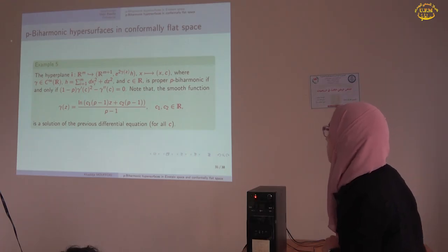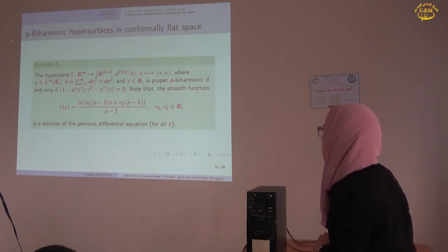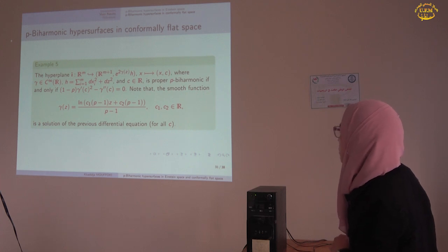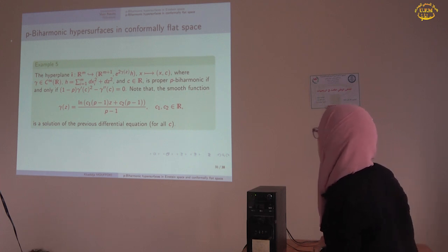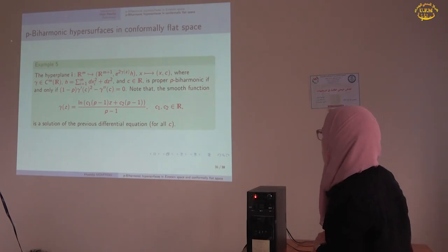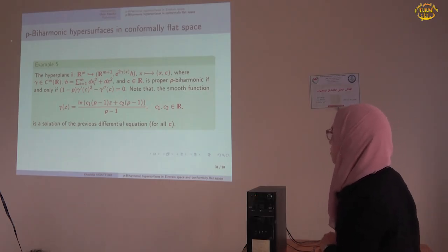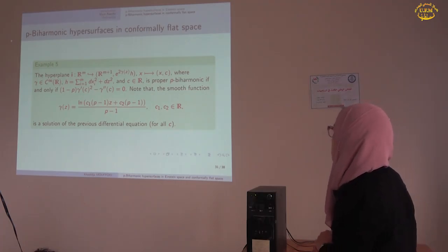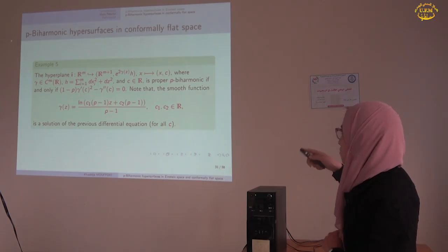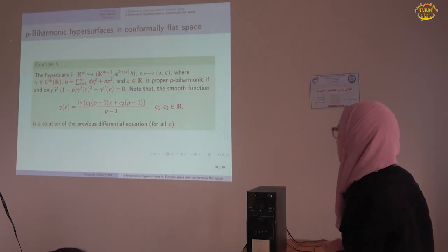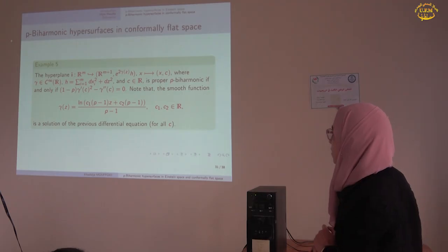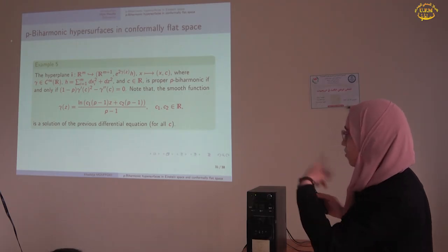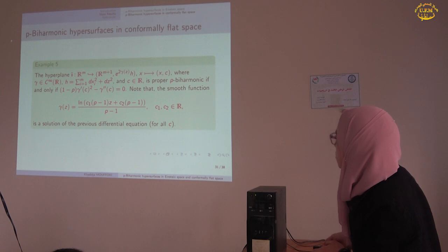The hyperplane in R^(n+1) with the metric exponential of 2 gamma times h, where gamma is a smooth function and h is the standard metric, and c in R, is proper Biharmonic if and only if (1 minus p) times gamma prime of c squared minus gamma second derivative at c equals 0.